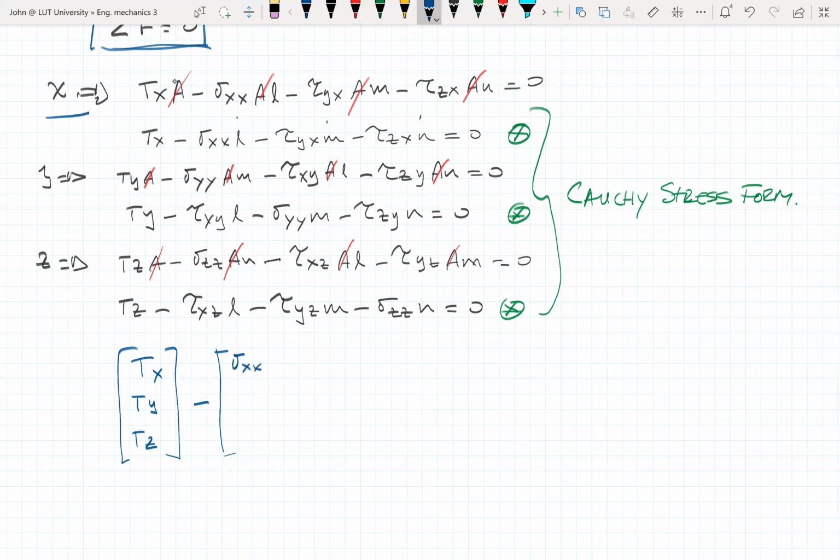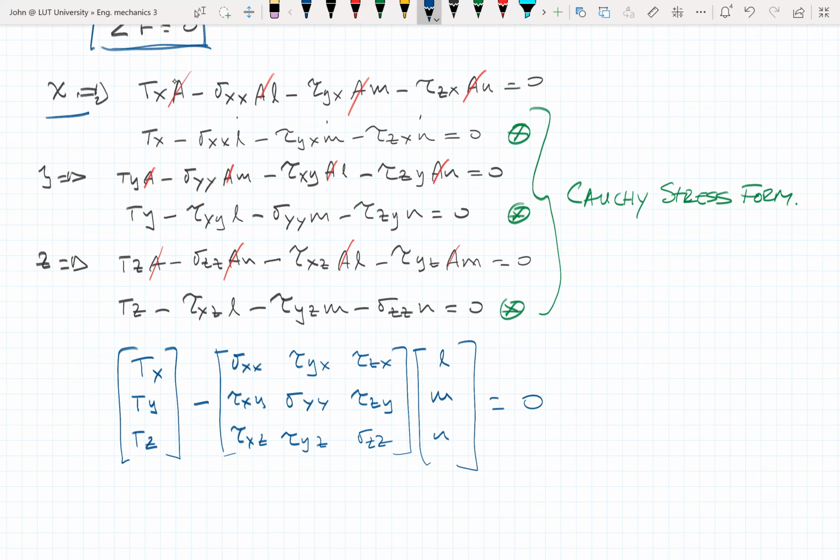Sigma xx, tau xy, tau xz, tau yx, sigma yy, tau yz, tau zx, tau zy, sigma zz, and then this is going to be multiplied by a vector l, m, n, and this is equal to 0.